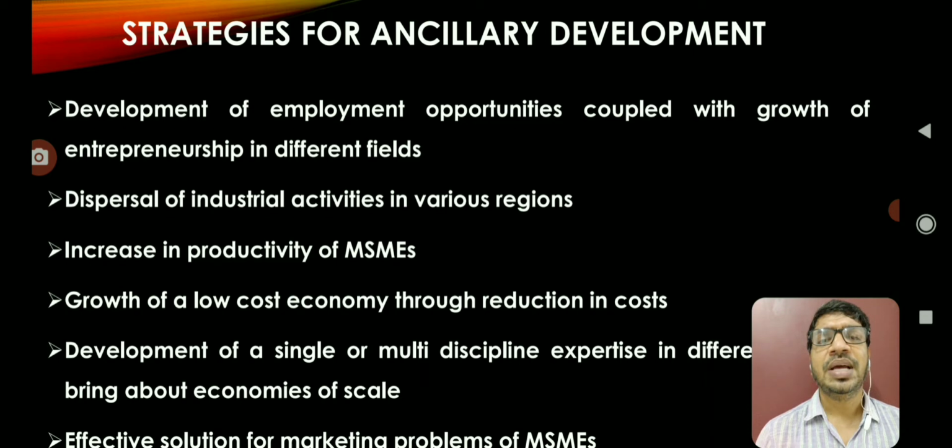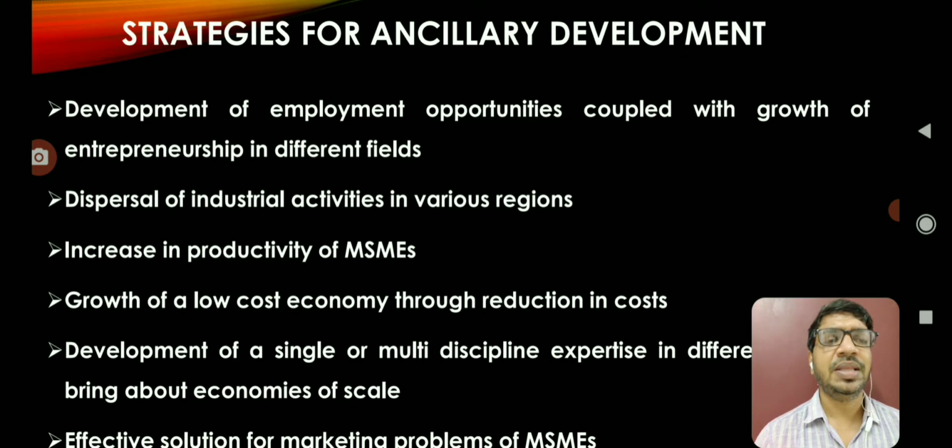Second point is dispersal of industrial activities in various regions. A number of industries in various regions are required to utilize local resources. So in that way, industrial growth is possible in various corners of the country. The third one is increase in productivity of MSMEs.